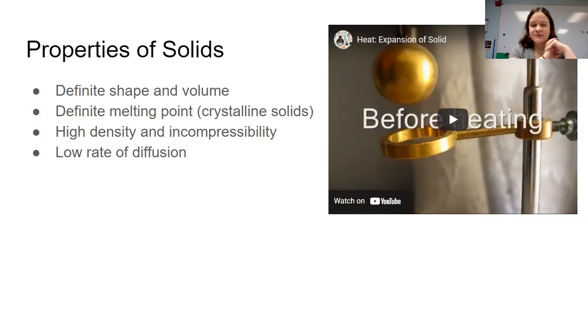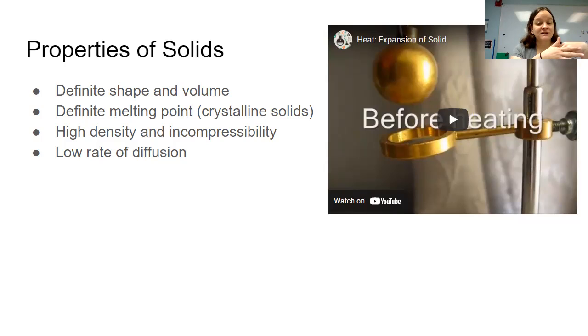So amorphous solids, because they don't always melt at a specific point, melt over this range and just flow. They're sometimes considered supercooled liquids. So they have these liquidy properties, even at temperatures when they appear to be solid. So that's what a supercooled liquid is.